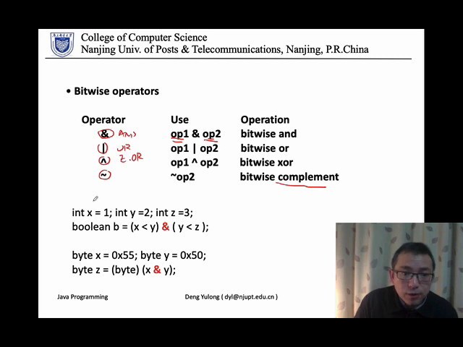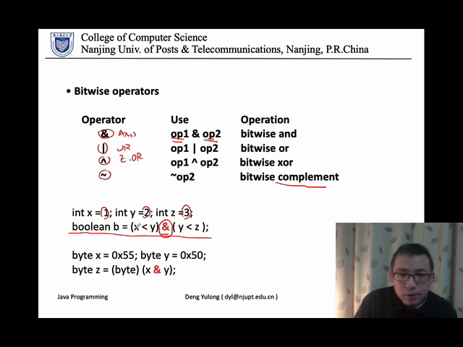Let's see, we have three integers: x equals 1, y equals 2, and z equals 3, and then we do this statement. In this statement we use the ampersand, which here means a conditional operation. Conditional operation means the first operand and the second operand are both Boolean.